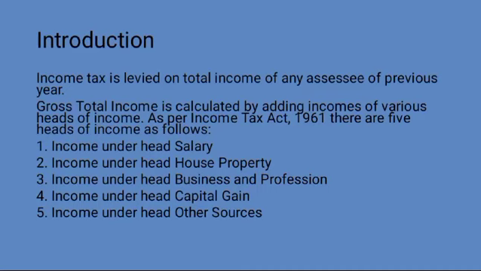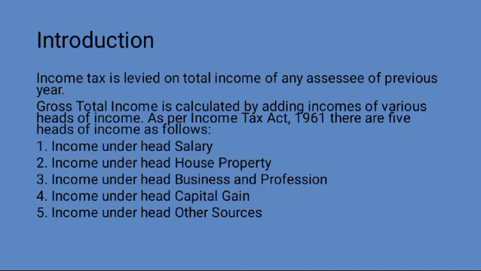Under head salary, the earnings received by individual in form of remuneration, wages, commission are calculated. Salary is a fixed amount of money that is paid to employee by an employer in return of work performed by employee. And moreover, the employee also gets various allowances and perks like house rent allowance, medical allowance, car facilities, car perks, and many more allowances and perks.